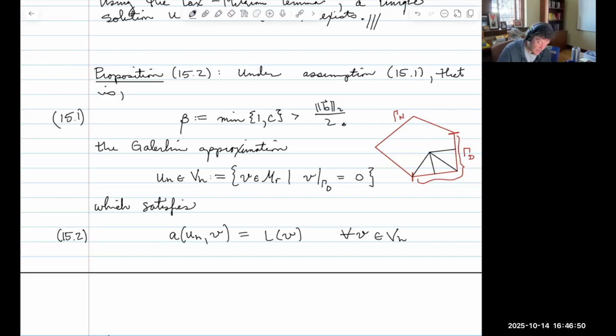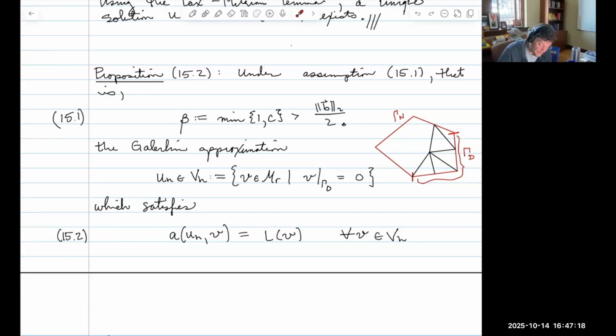I would not be allowed to have one of my triangles doing something like that. This would be a triangle which has one of its edges in gamma N and one of its edges in gamma D. That would not be allowed.